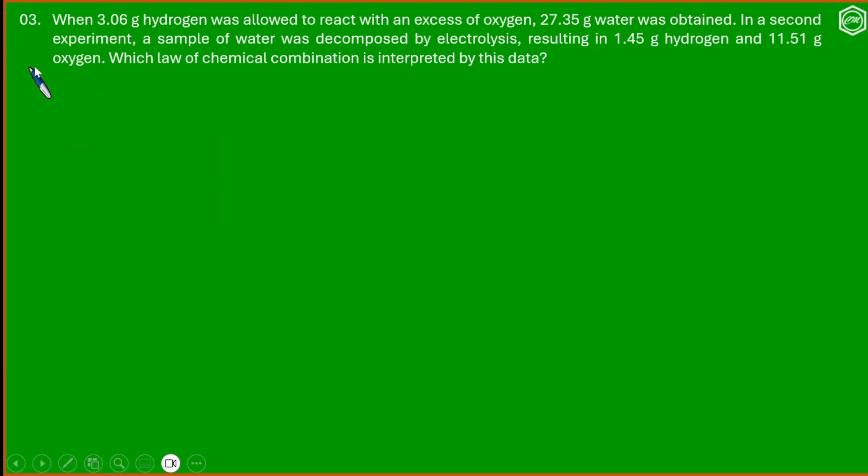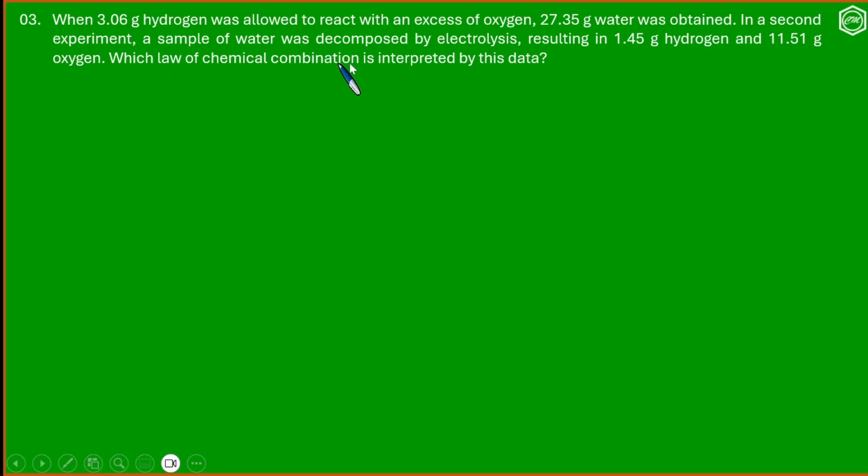Question 3. When 3.06 gram hydrogen was allowed to react with an excess of oxygen, 27.35 gram water was obtained. In a second experiment, a sample of water was decomposed by electrolysis, resulting in 1.45 gram hydrogen and 11.51 gram oxygen.